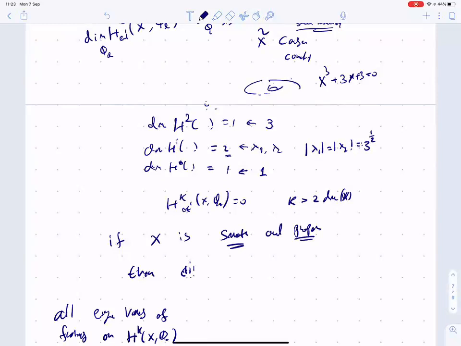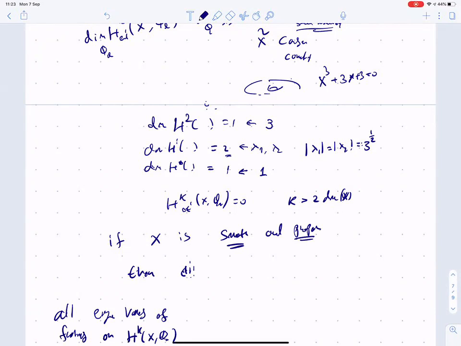So you do get that those are nicely behaved numbers, but you don't get that they really live in the right cohomological degree always.